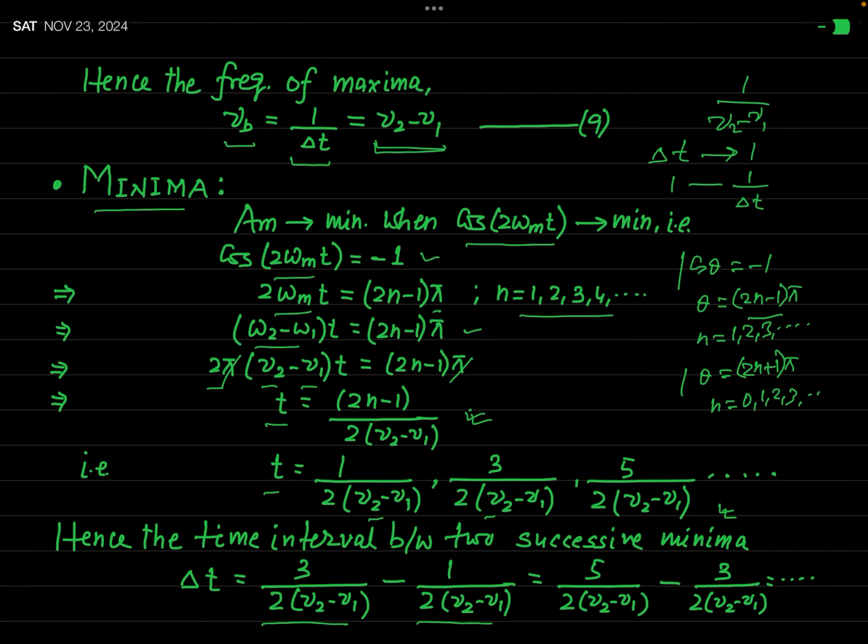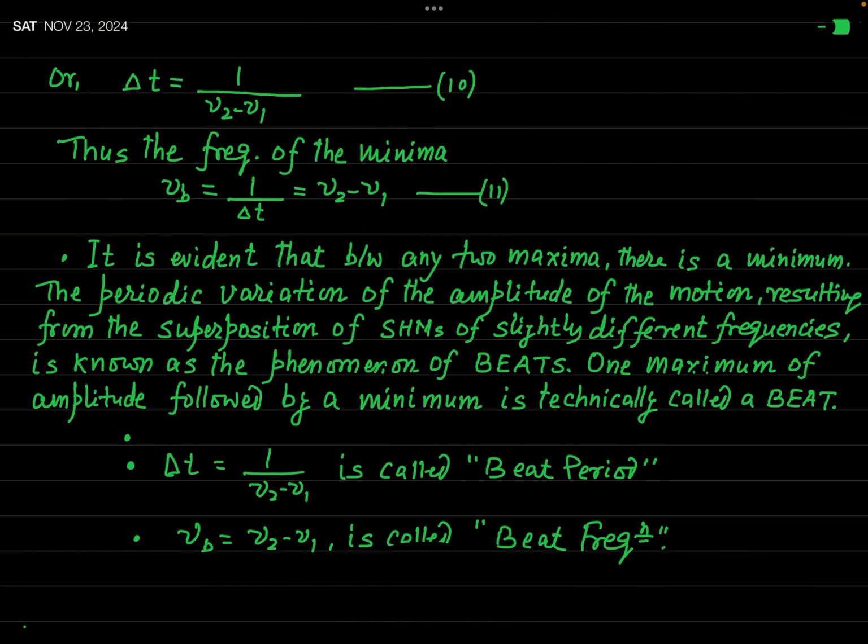And for the time interval between the second and third minimum, you subtract 3 over 2 times (nu 2 minus nu 1) from 5 over 2 times (nu 2 minus nu 1). After simplification, you will get that this delta t is the same as you obtained in the case of maxima, and this is 1 over (nu 2 minus nu 1).